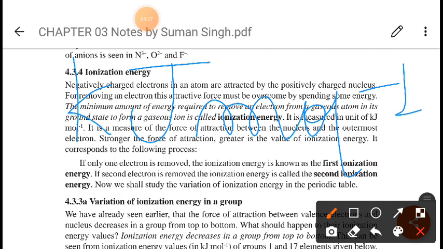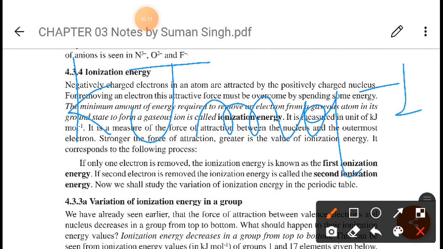The voltage at which the ionization of the gas occurs is known as the ionization potential, and it is numerically equal to the ionization energy of the gas under study in electron volt. So the ionization potential is very often expressed in electron volt.